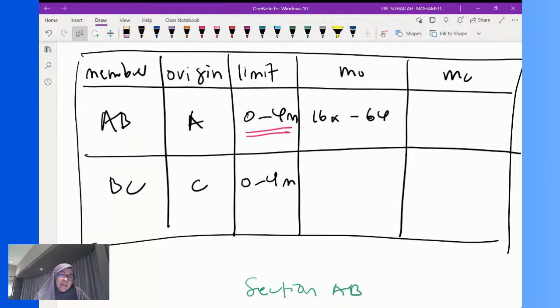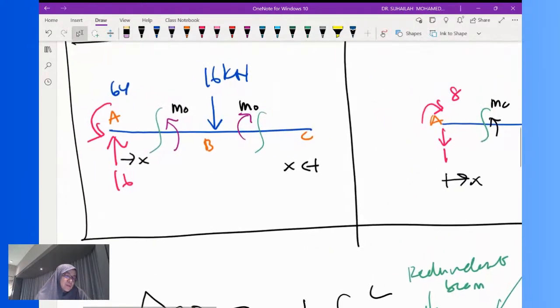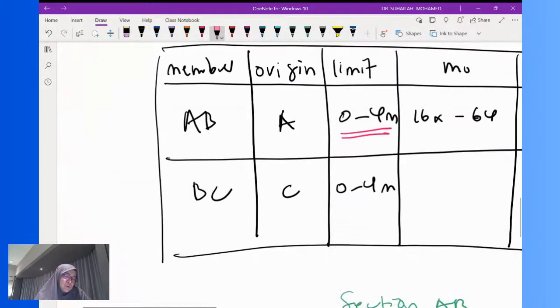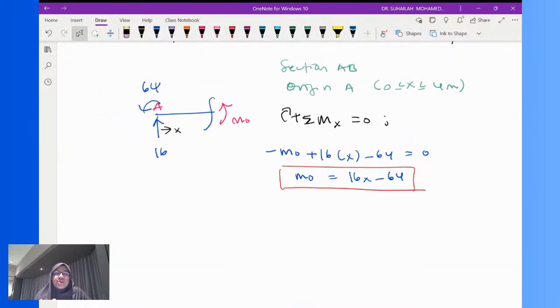Next we move to BC, origin C. BC origin C means this part. The diagram is just to help us write the right moment equation.